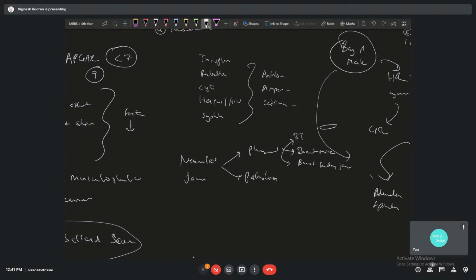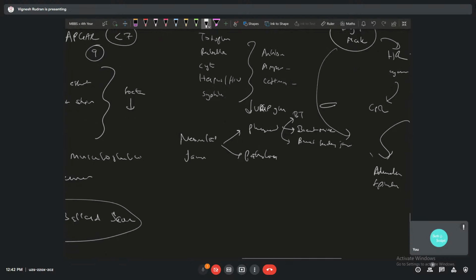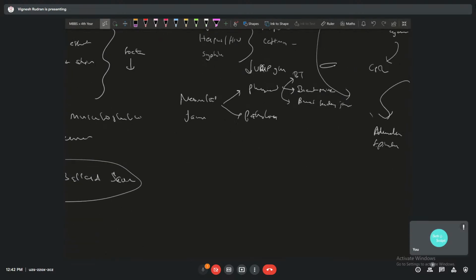Most of the physiological cases are due to reduced UDP glucuronyl transferase. This is the enzyme that helps in the formation of conjugated bilirubin, so it plays a role in that. If there's a problem in that, it's going to cause jaundice.